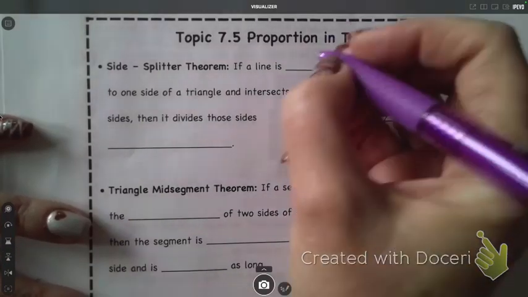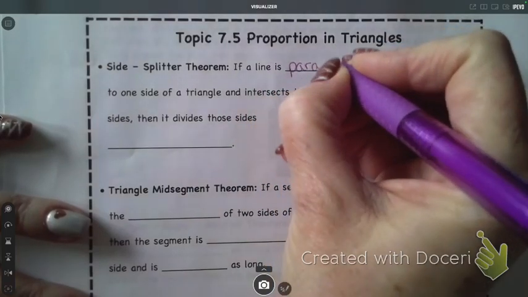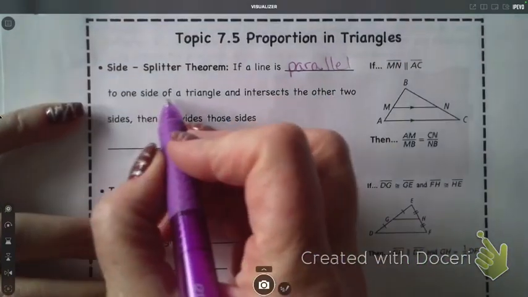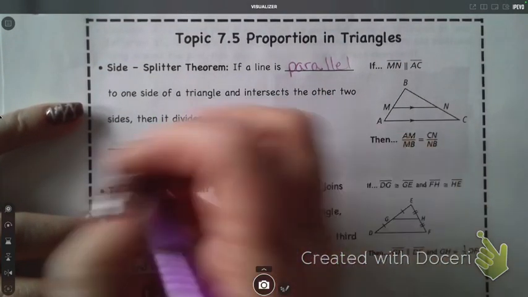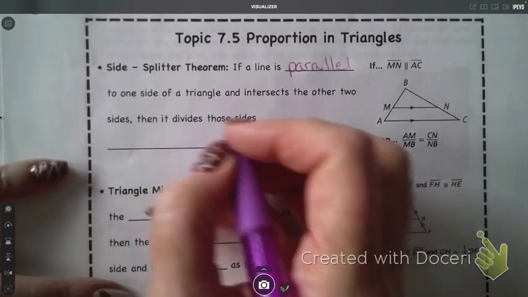Okay, it says if a line is parallel to one side of a triangle and intersects the other two sides, then it divides those sides proportionally.